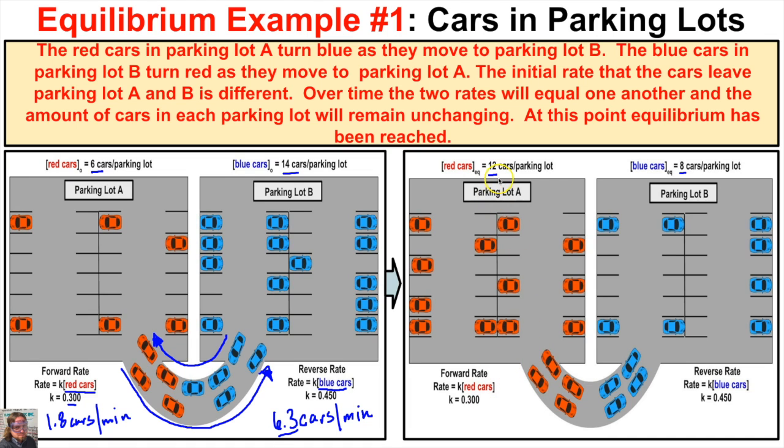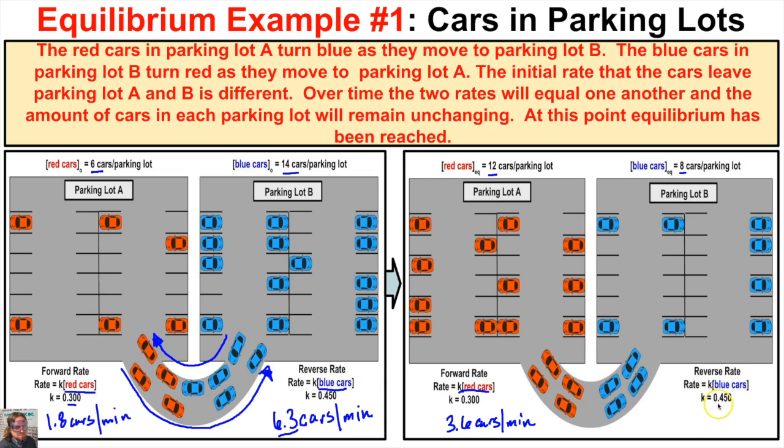At equilibrium, that is to say, once these concentrations remain unchanged, we can see that the rate here is going to end up being 0.3 times our concentration, which will be 3.6 cars per minute.